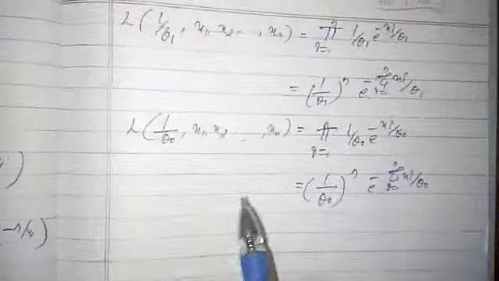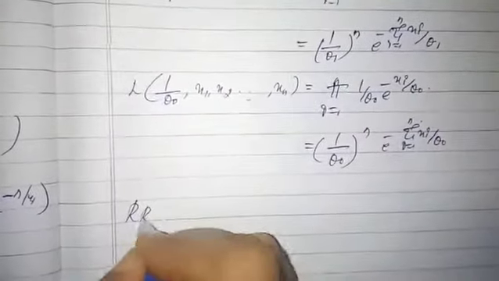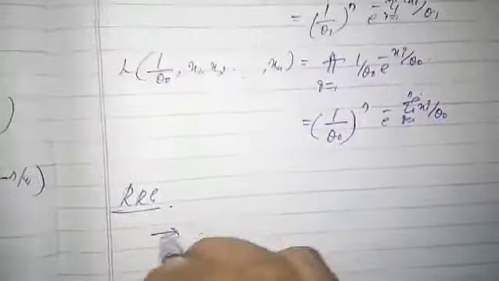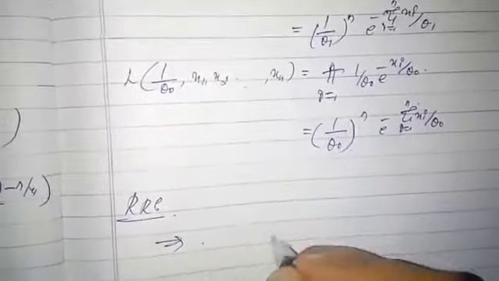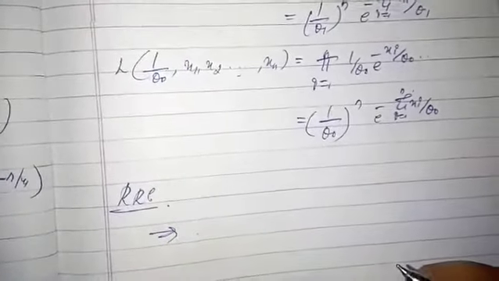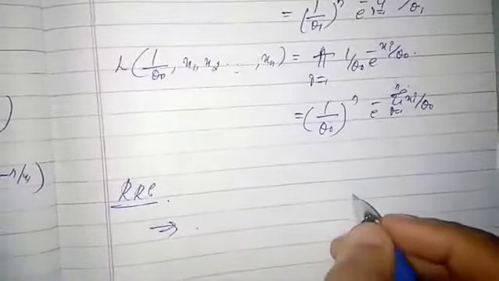Then we have to find out the rejection region using this likelihood function. We know what the rejection region is: the likelihood under H1 divided by the likelihood under H0 is greater than the k value.